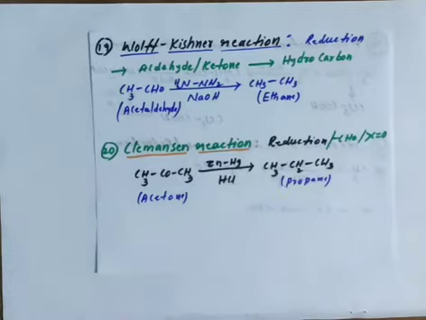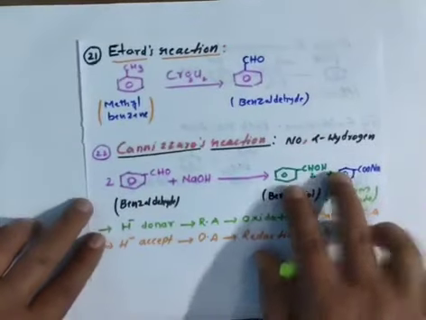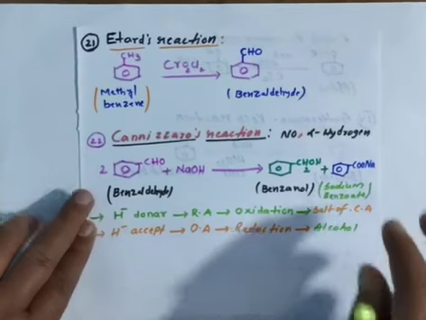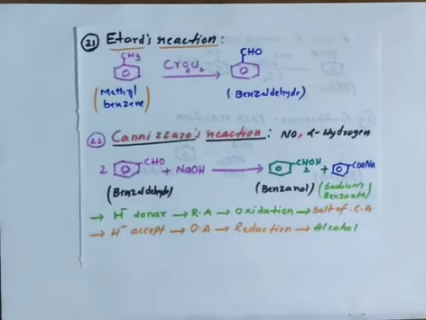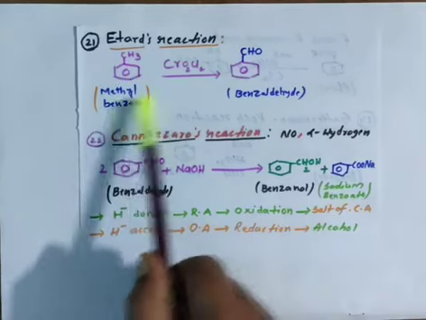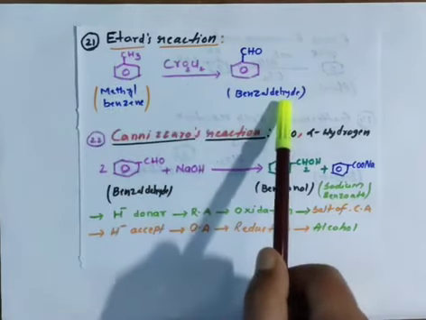And you go for another named reaction. We have here the Etard reaction. In the Etard reaction, toluene is converted into aldehyde. So methyl benzene in the presence of chromyl chloride is converted into benzaldehyde.